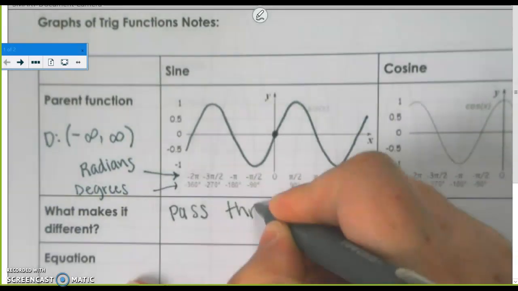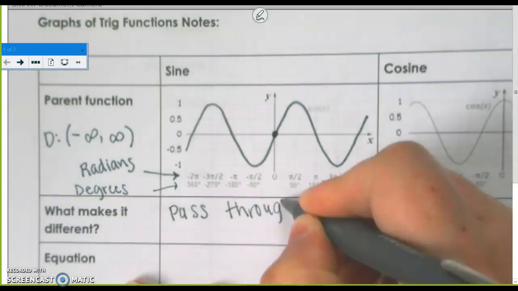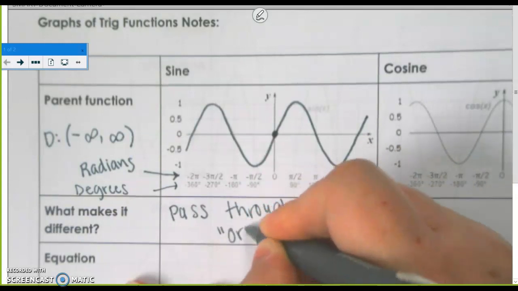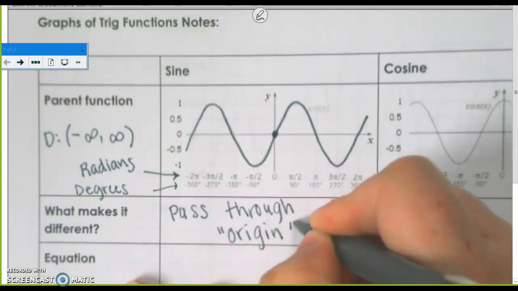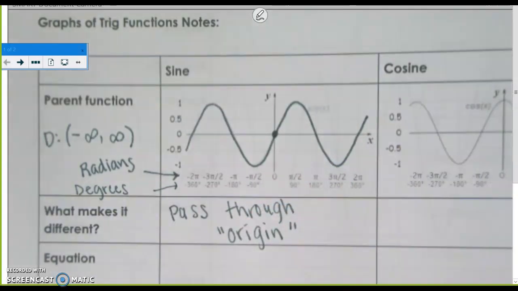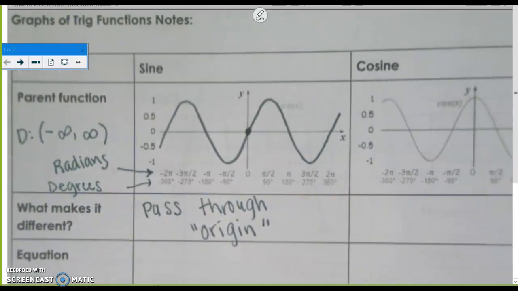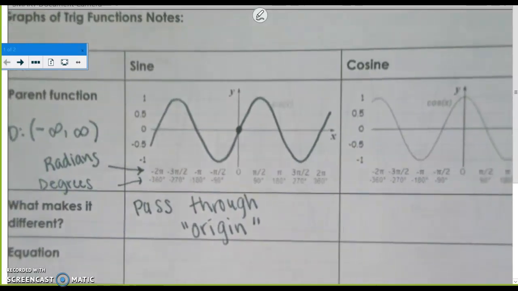So sine should pass through the origin. Whereas for cosine, if I'm looking at the y-axis as my initial value, cosine should start at the maximum, or the minimum if it's flipped upside down.